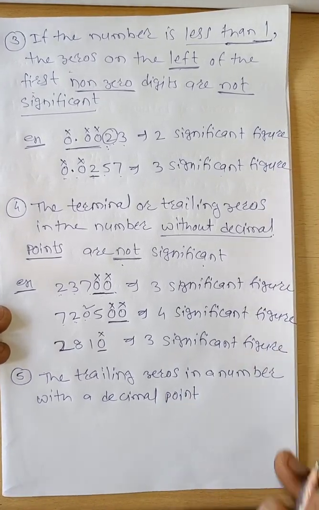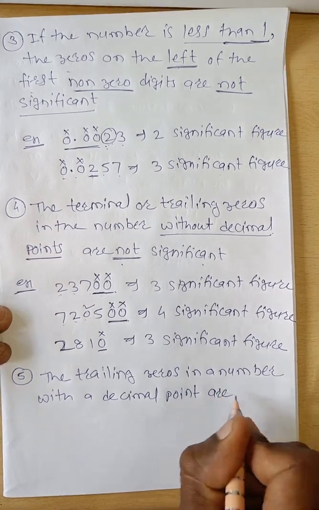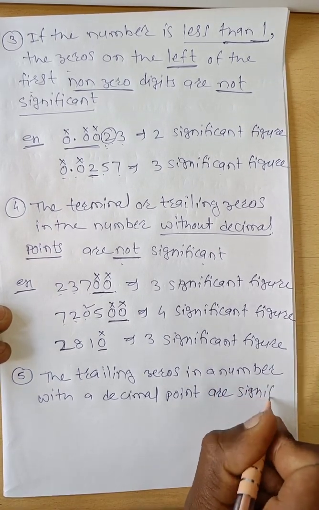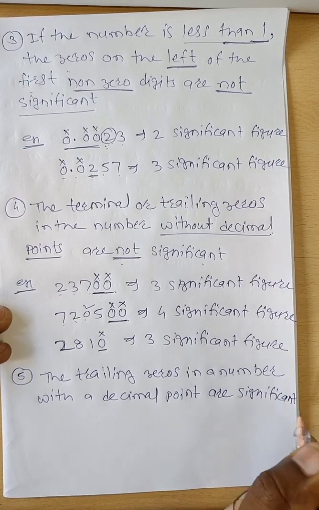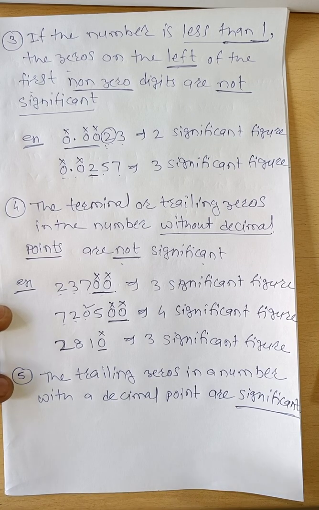The trailing zeros in a number with a decimal point are significant. If the decimal point is present, then trailing zeros are also significant.